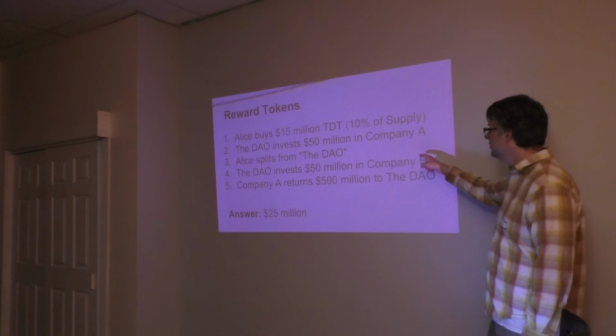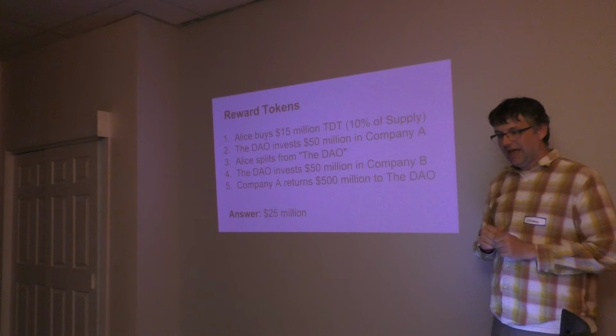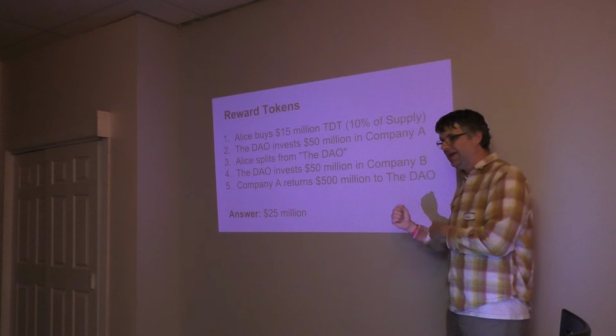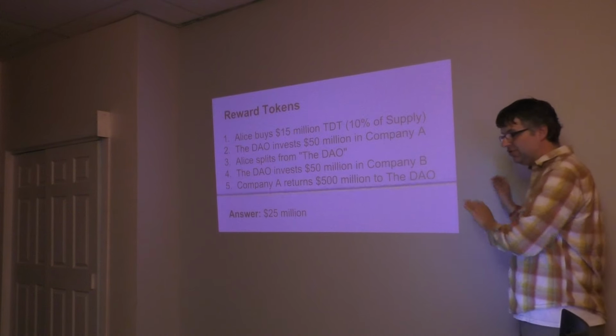And that is because there's a performance optimization in the DAO. It does not keep track of rewards on a per proposal basis, but only on a per DAO basis. So if you split off, you have your own reward tokens.